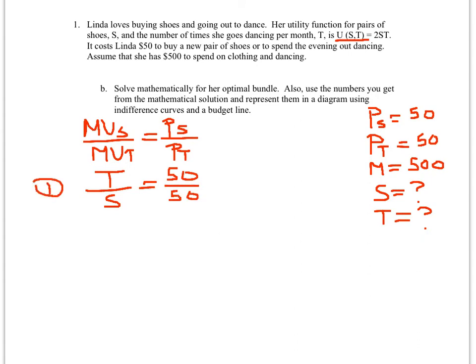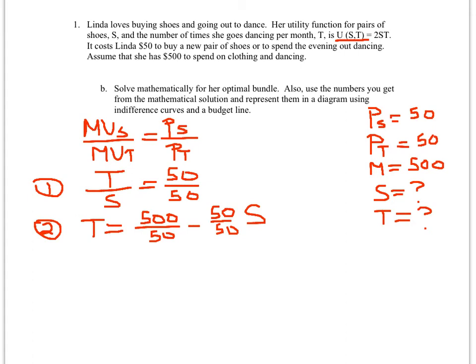Well, there's two unknowns, so if we get another equation, then we can solve. We know that the budget line is going to be T equals 500 divided by 50 minus 50 over 50 S. So now we have two equations and two unknowns, and we can try to solve. Let's first substitute the first equation into the second equation.